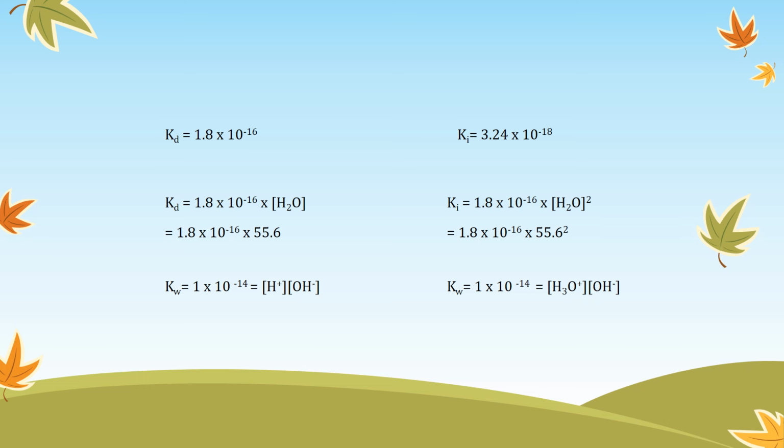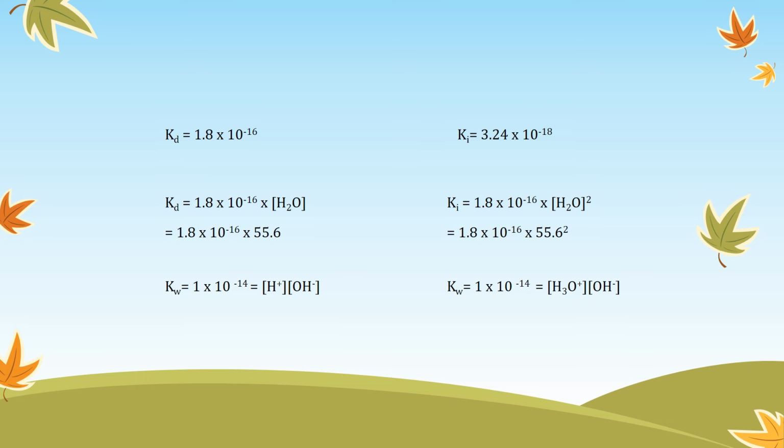So in an aqueous solution, whether you are adding potassium hydroxide or sodium hydroxide or any weak base, or water itself without any acid or base, the molarity of water is going to be constant throughout the ionization. Because of that, the dissociation constant can be multiplied by the molarity of water, and the ionization constant can be multiplied by the concentration of the water involved in the reaction.